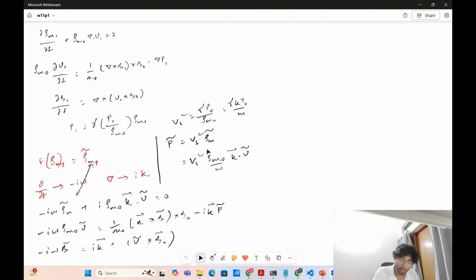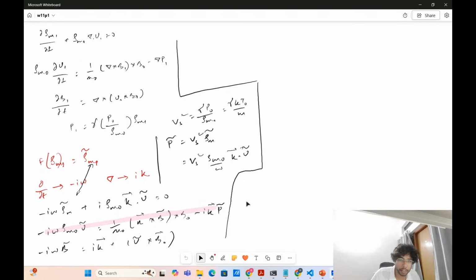So what we are going to use is mainly the momentum equation.